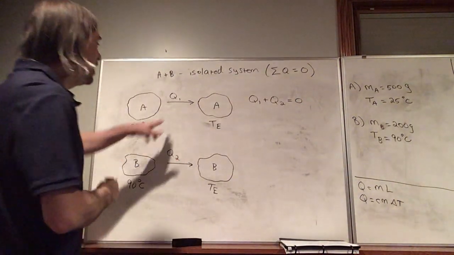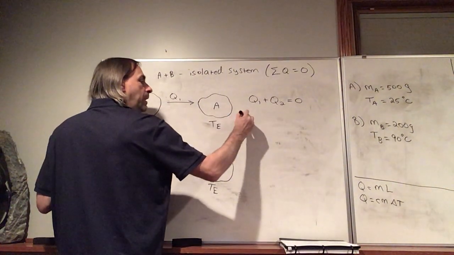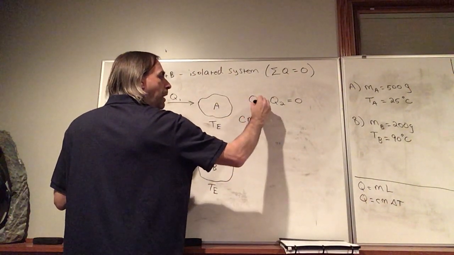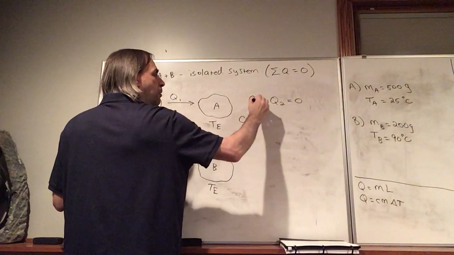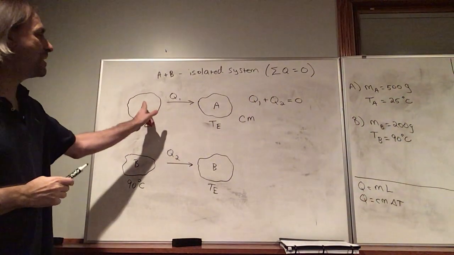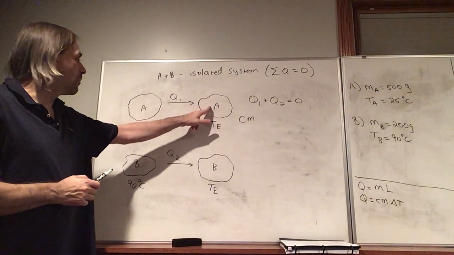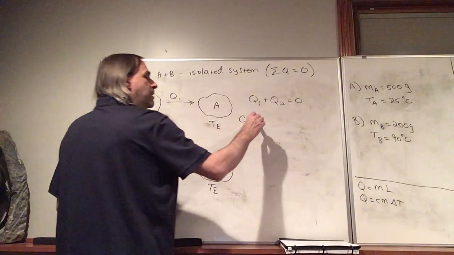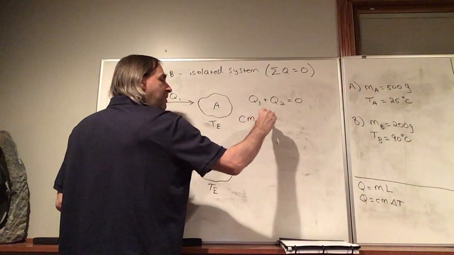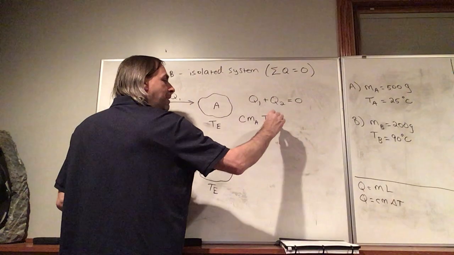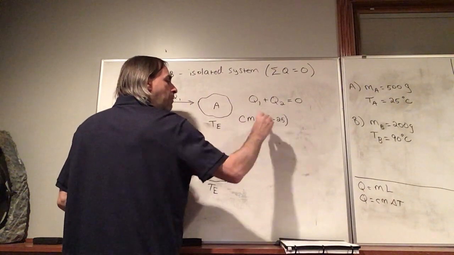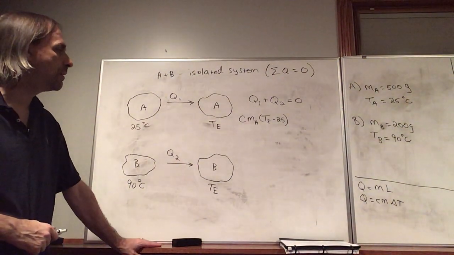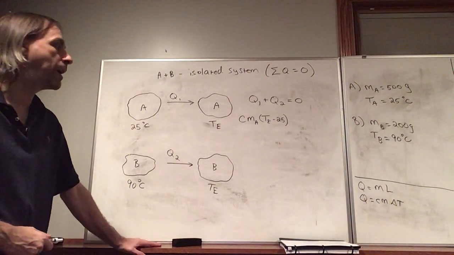So let's do that. Q1 is going to be C. Maybe we'll call this QA plus, let's stick to Q1 and Q2. So again, Q1 is this process here, where we're going a temperature change. So this would be the mass of A, and delta T, that's always final minus initial. This is 25 degrees Celsius, but I'm running out of room, so I'll just leave that off.